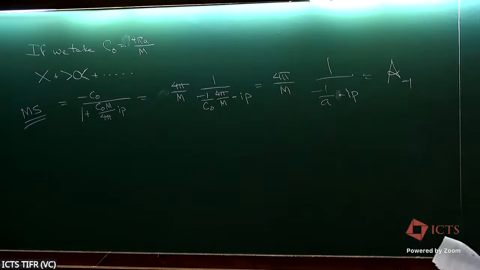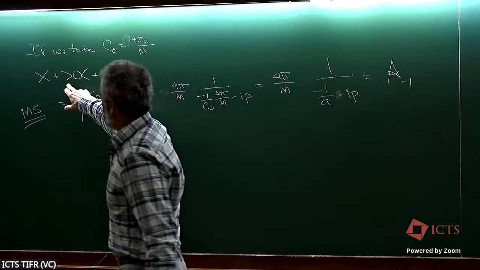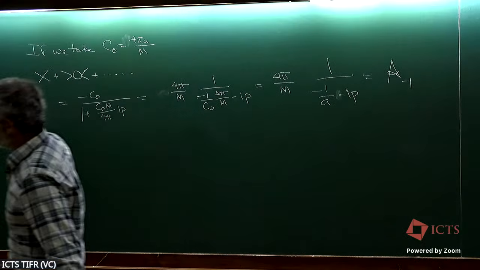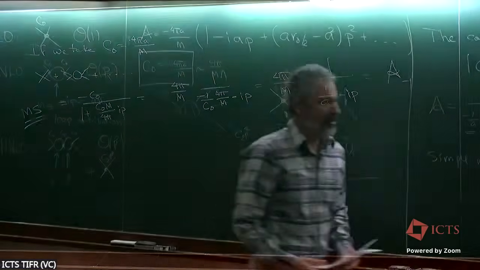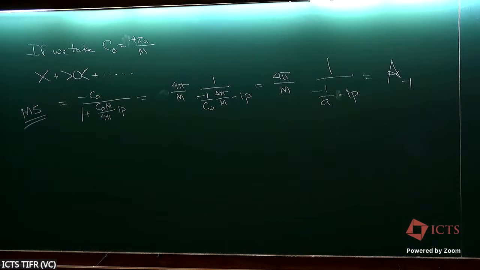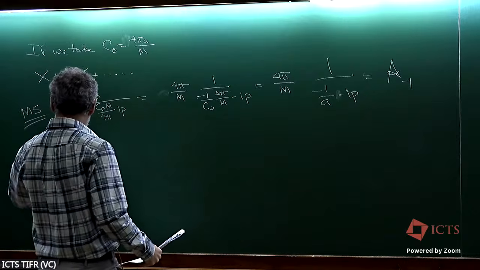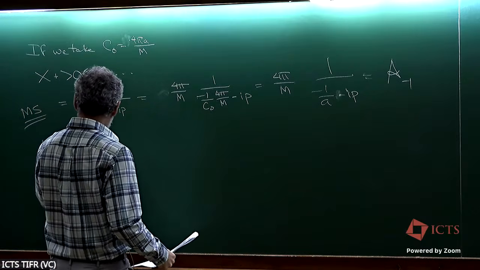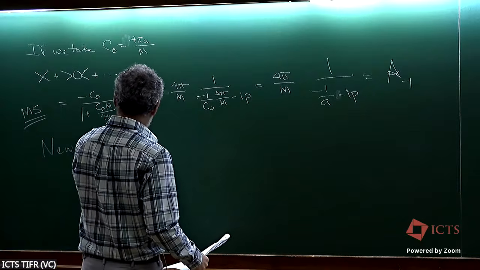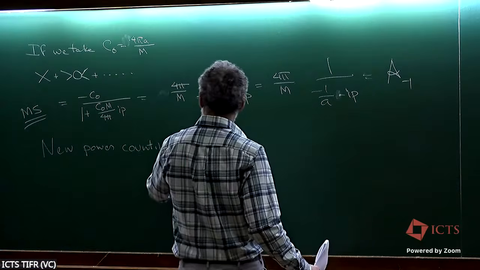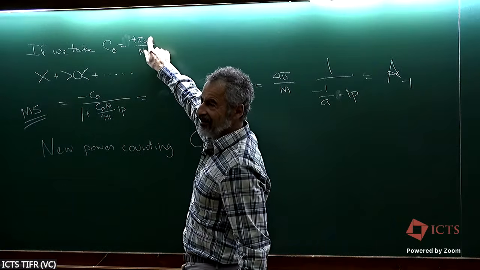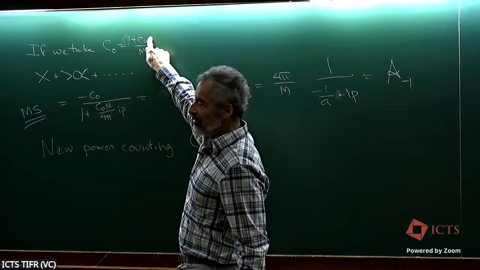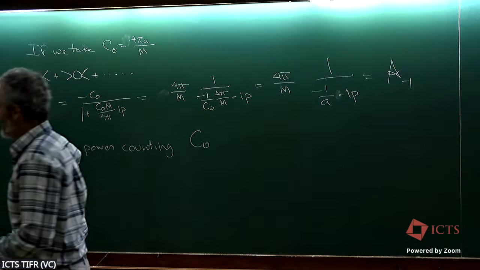Why would it be justified to include it to all orders when before we said we only did it to leading order? Well, with the new counting, C naught has an A up there, which is a 1 over Q. I mean, I shouldn't have really written this.